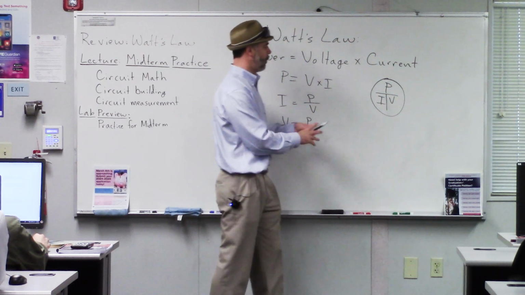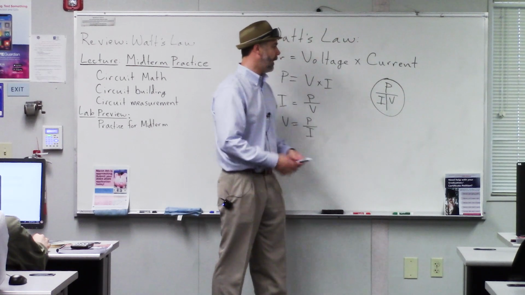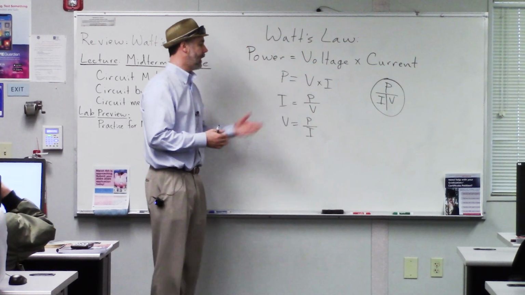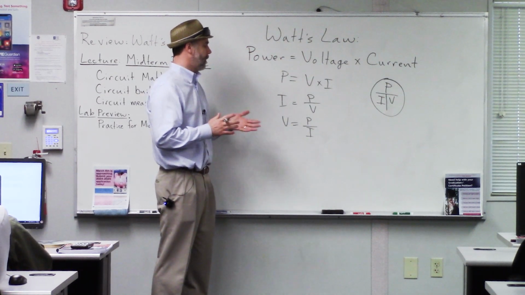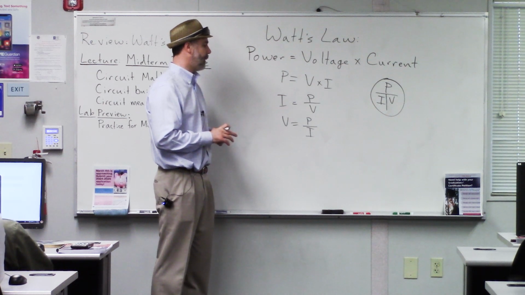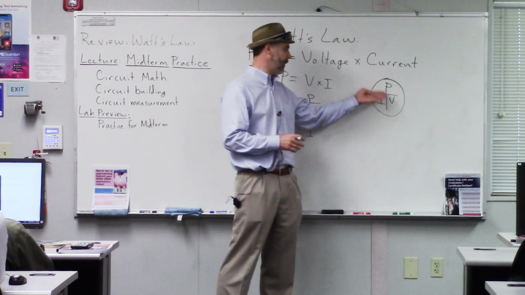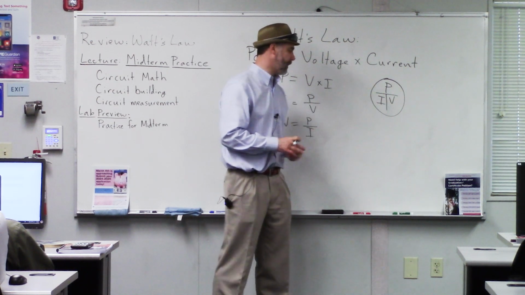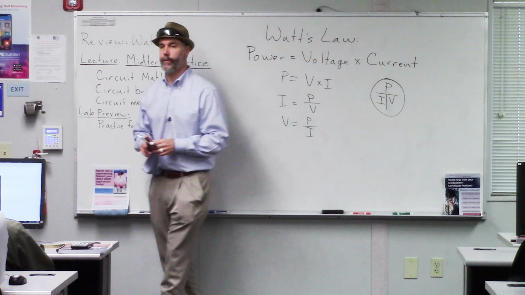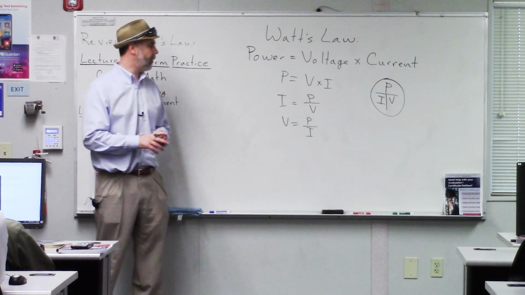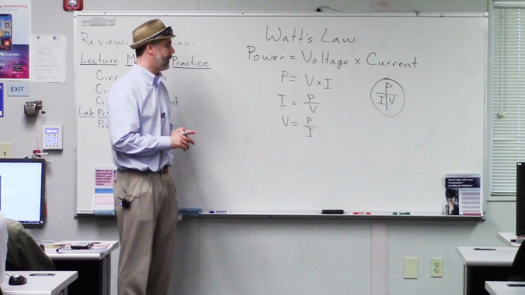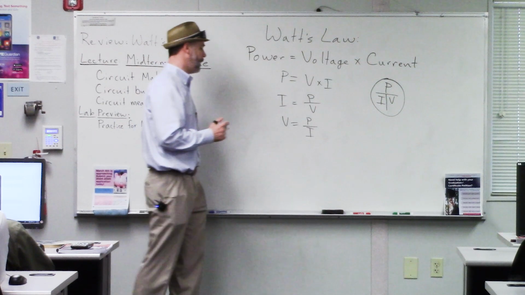So if we can remember Watt's law in this form, that can be very useful. Also, sometimes we want to figure out power, but we don't know all of these things, but we might know something about resistance. So if we want to figure out power involving resistance, then we can use these other forms.